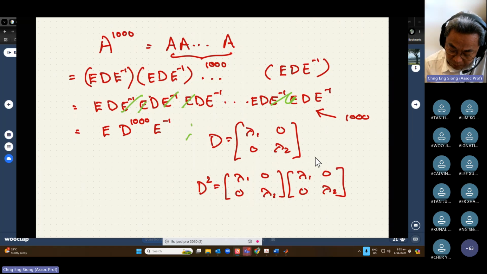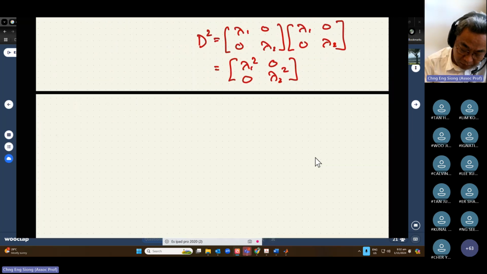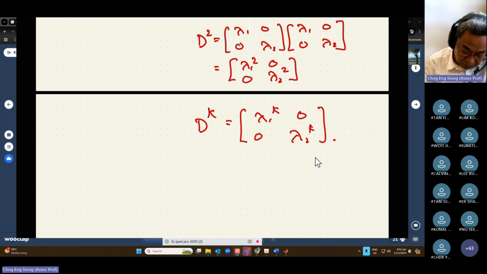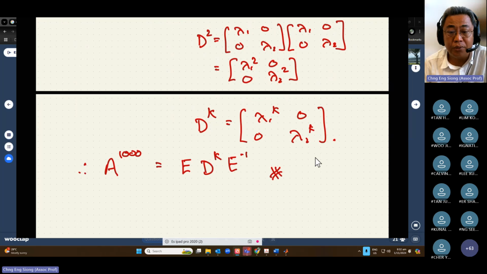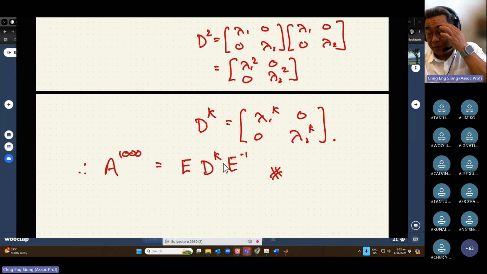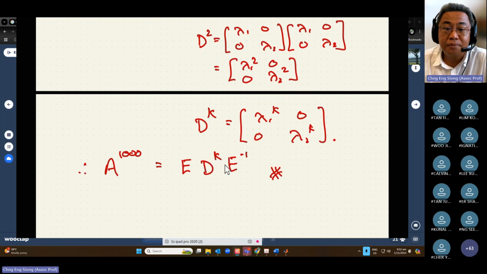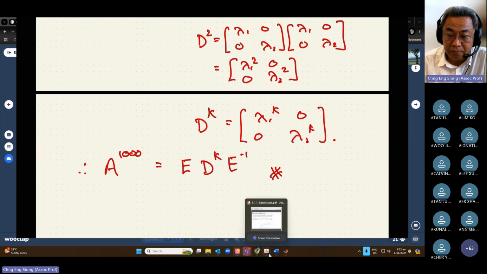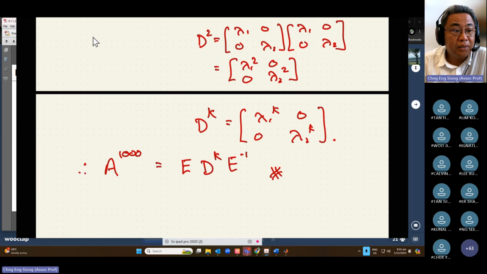And now when we are multiplying, we observe that, and we observe that, and therefore A to the 1,000. And we can do this easily because diagonal matrices are nice. Okay, so this is called diagonalization.